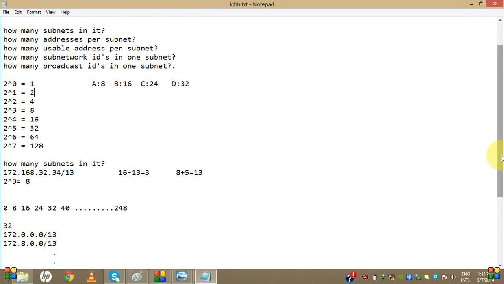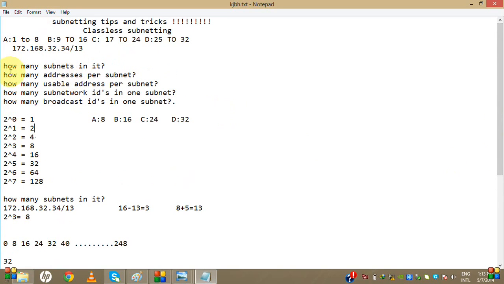First of all, I am going to solve my first question, which is how many subnets are in it. I have a classless address, so I put the address there, and you see that the slash value is 13. Here we have to understand what is the next value from 13 among these 4 values.